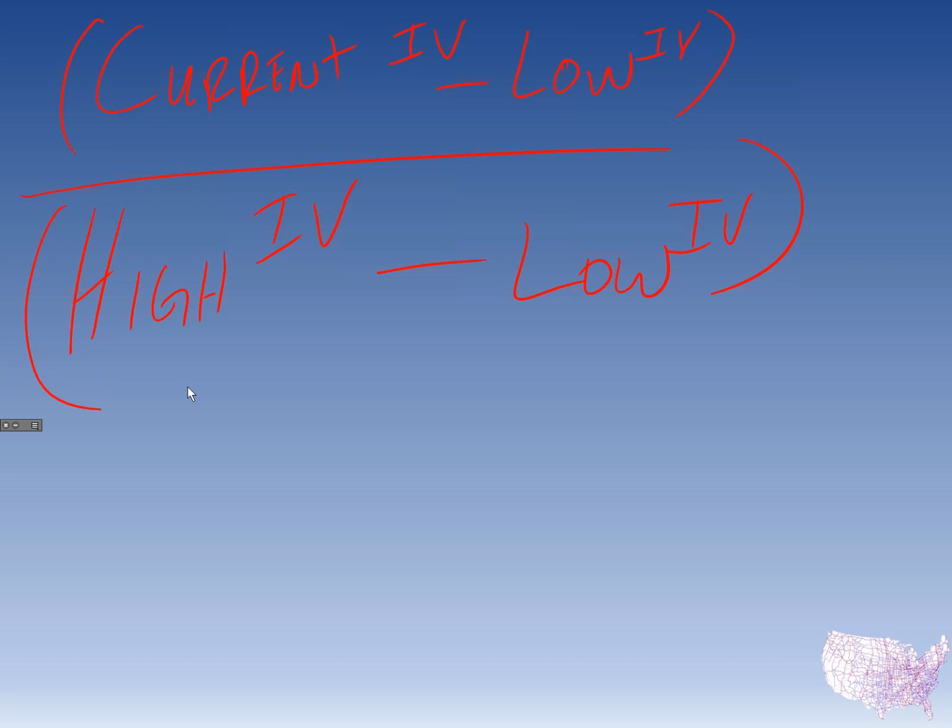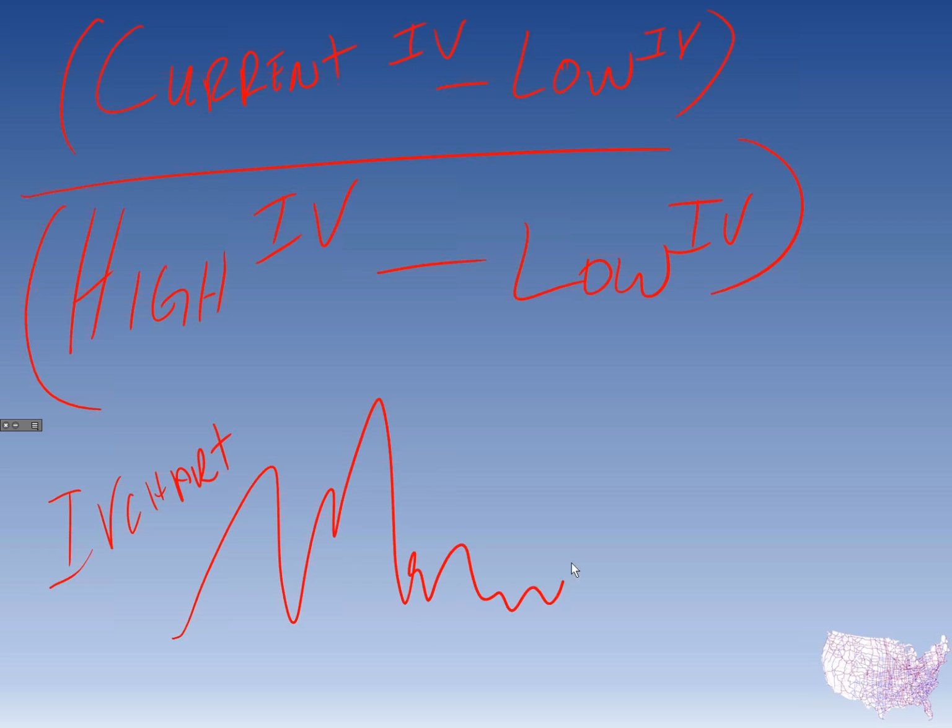IV, all right? So literally what we're doing here is, if you're looking at a chart, and this is what I look at, you've got an IV chart, and it kind of goes like this. That's usually what an IV chart is. And this little dot right there is current.